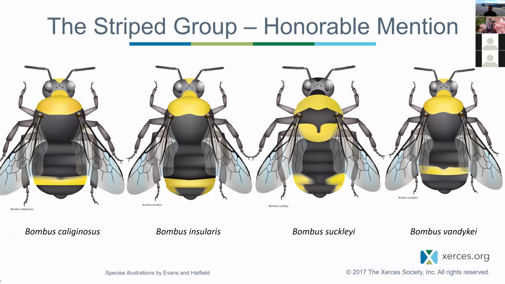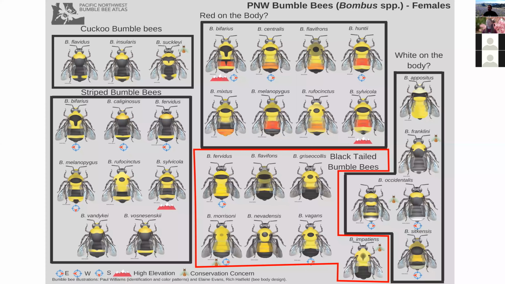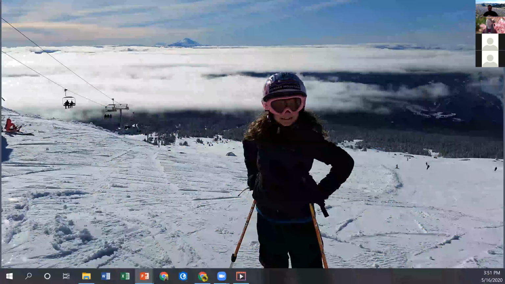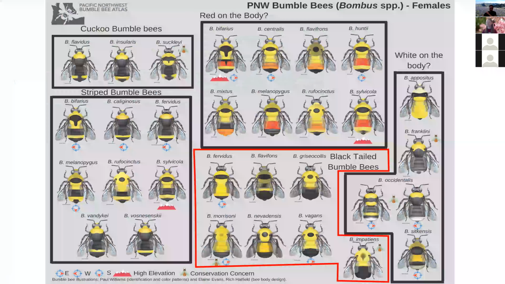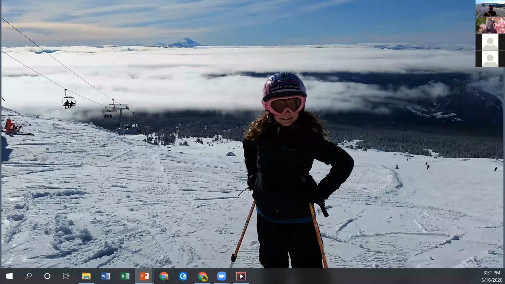I'm really sorry for the technical difficulties, but nothing I can do about it. My computer is in meltdown mode here. All right. And all of a sudden it wants to work. Well, I can see a picture of my daughter skiing on Mount Hood. Okay. Sorry, everybody. Bear with me. Appreciate your patience.